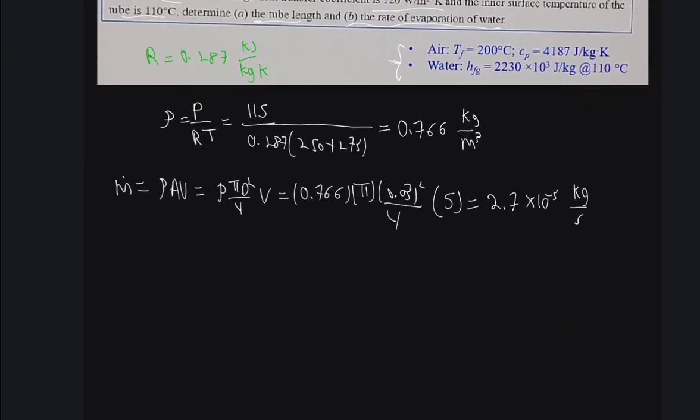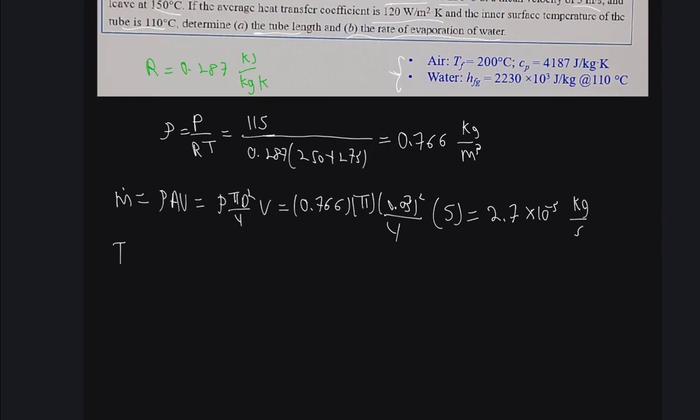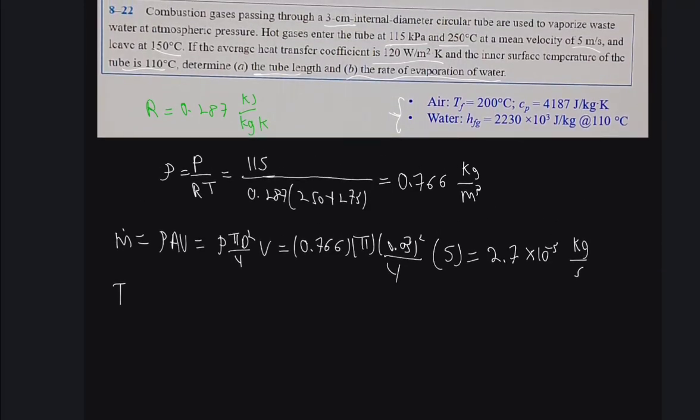Now that we have m dot, we can get an equation that is used because we know that the surface temperature is constant. We see that it's talking about evaporation. That's a good clue that surface temperature is constant. So we write this down, because that's when this equation is applicable.